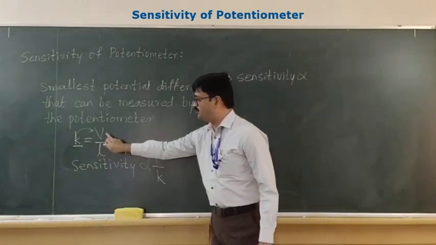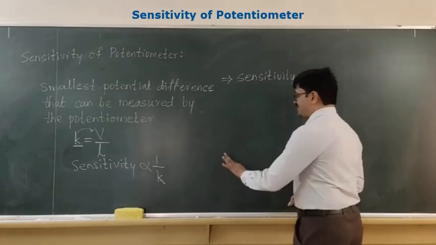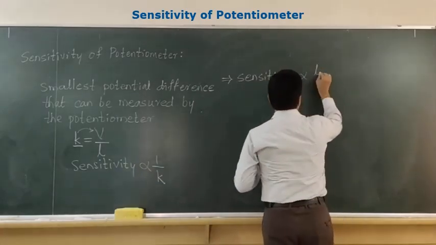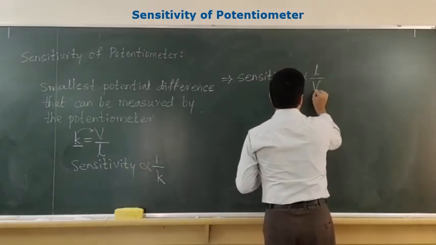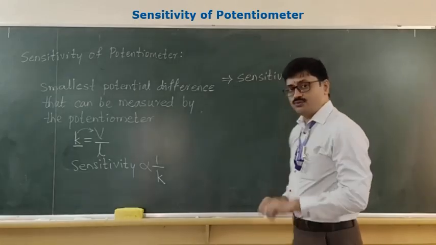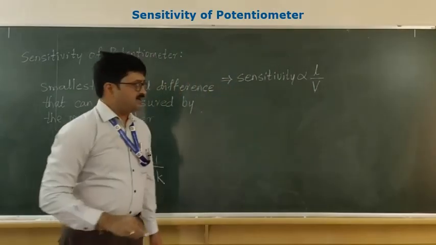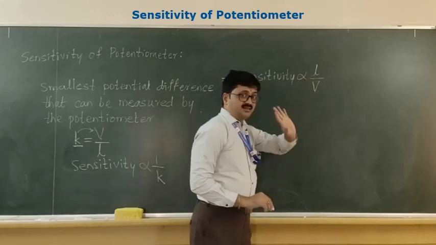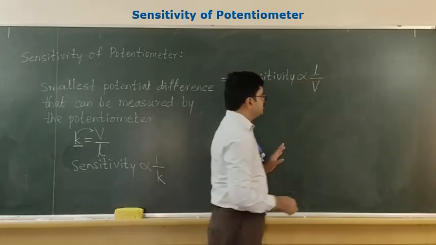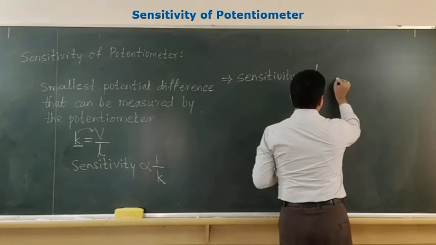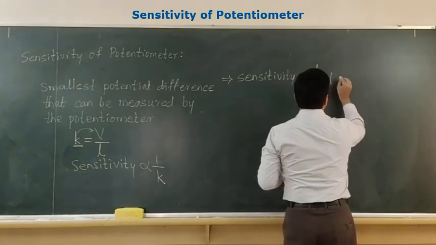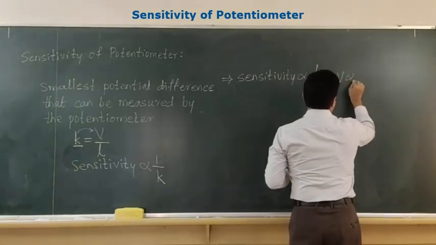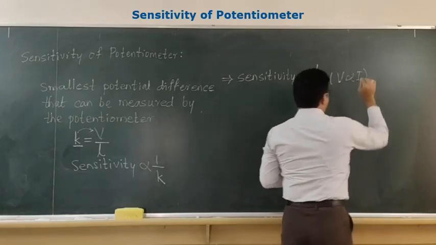K is equal to V by L. 1 by K is nothing but L by V. It is proportional to L divided by V. Now also remember that V is directly proportional to I. I will refer to it a bit later.